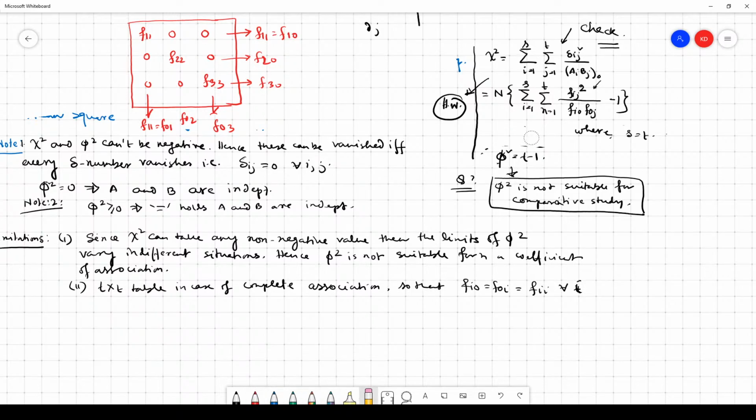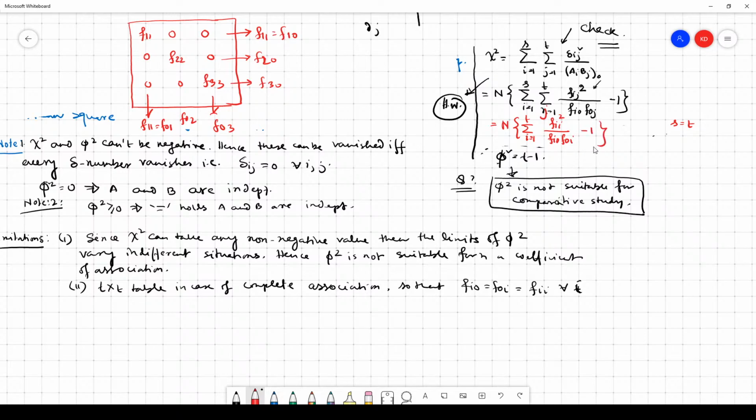Homework part. Now look at this. Why am I saying chi square equal to t minus 1 in case of a t cross t table? If you look at this, since s is equal to t, this is the sum over i from 1 to t, because off diagonal elements are 0. So this should be fii square by fi naught f naught i, minus 1.